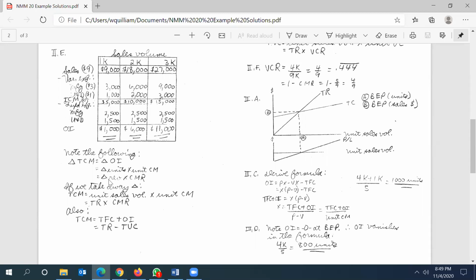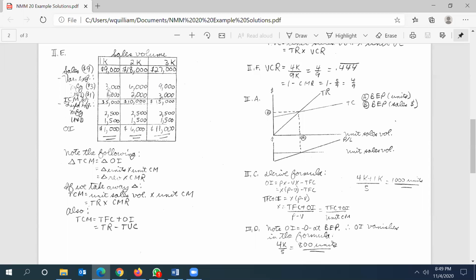We can also notice the change in total contribution margin equals the change in revenue times the contribution margin ratio. So the change in revenue is $9,000 a pop.